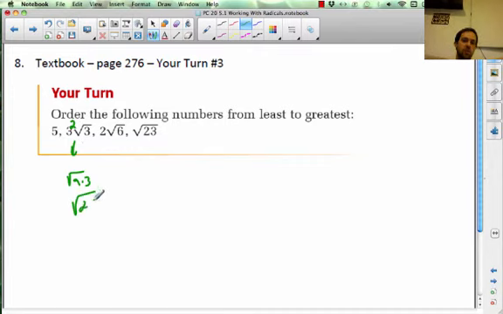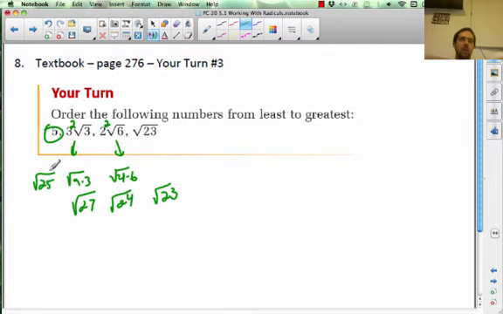So this would be root 27. This one, 2 root 6, we want to move the 2 in, so we have to square it. So that's the root of 4 times 6, and that will be root 24. This one's root 23. And this one, of course, there is no radical, but we can turn it into a radical if you square it and put it under the root sign. Squared, 5 is the same as root 25.